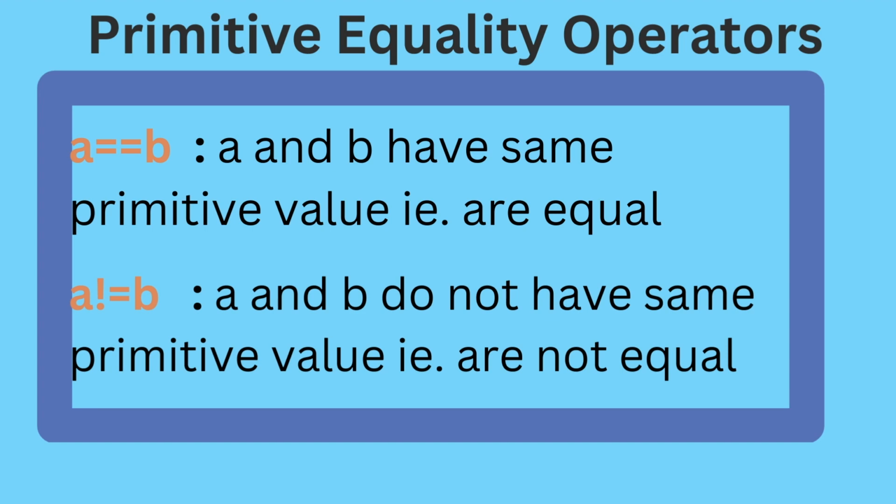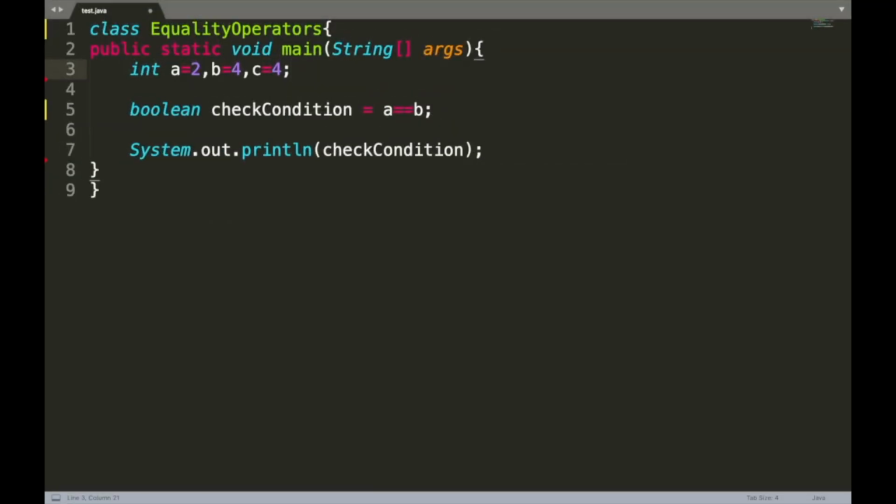So now let us understand equality operators with the help of the program. Now consider this example where I have written this expression a equal to b, right? So this equal to is nothing but your equality operator, and it is used to check if your primitive value a is equal to the primitive value of b, right? And the output is your Boolean. So we will run this and check the output.